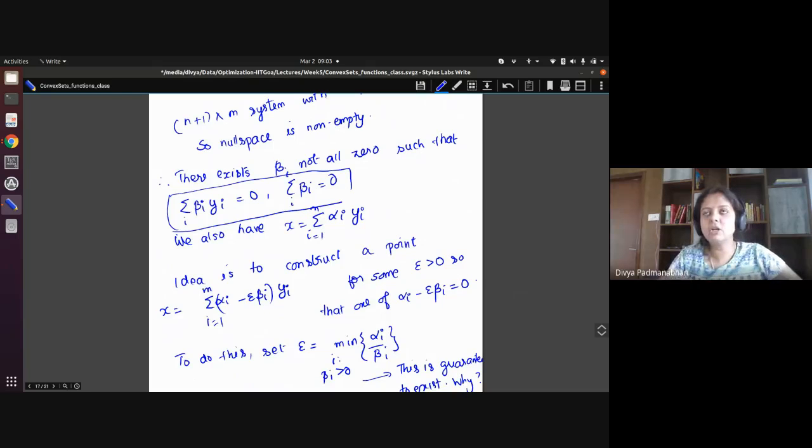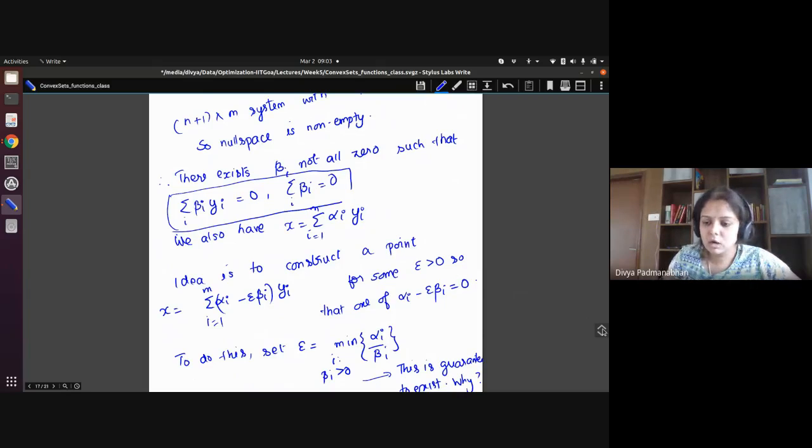Basically you're trying to remove one of the points by doing this, so that one of the alpha i minus epsilon beta i is 0. One thing to note here is that if not all the betas are 0, there is at least one beta which is greater than 0. So there must be at least one positive, and of course you'll have something which is negative also, because you need to have this summation as 0.